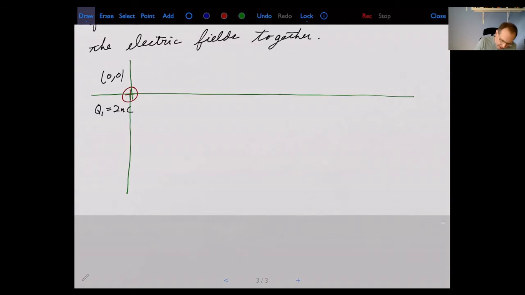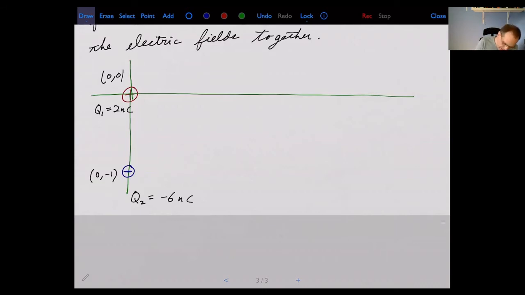Then let's say I have a negative charge, maybe here. And let's say its location is 0, -1. And let's say its magnitude, call it Q2, is -6 nanocoulombs.